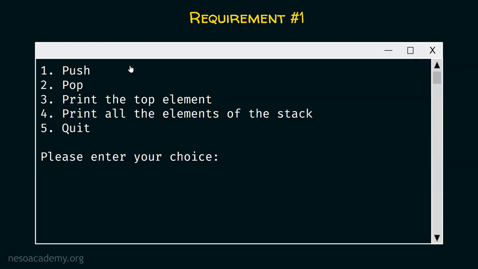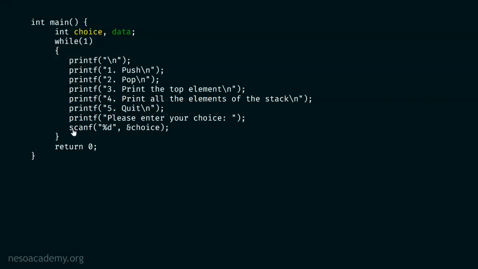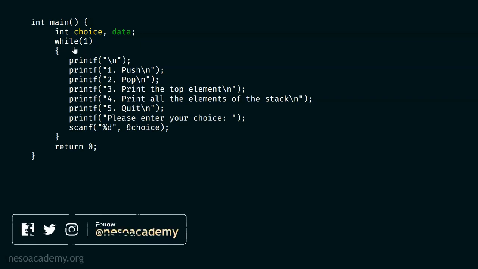For this purpose, we will write this piece of code. And let me tell you that this piece of code must be written within this while loop. And here I have put this 1 over here, which means that this while loop will run an infinite amount of time. Okay. We will continue to ask this to the user. If the user enters 5, then we will exit out of this program. As simple as that.